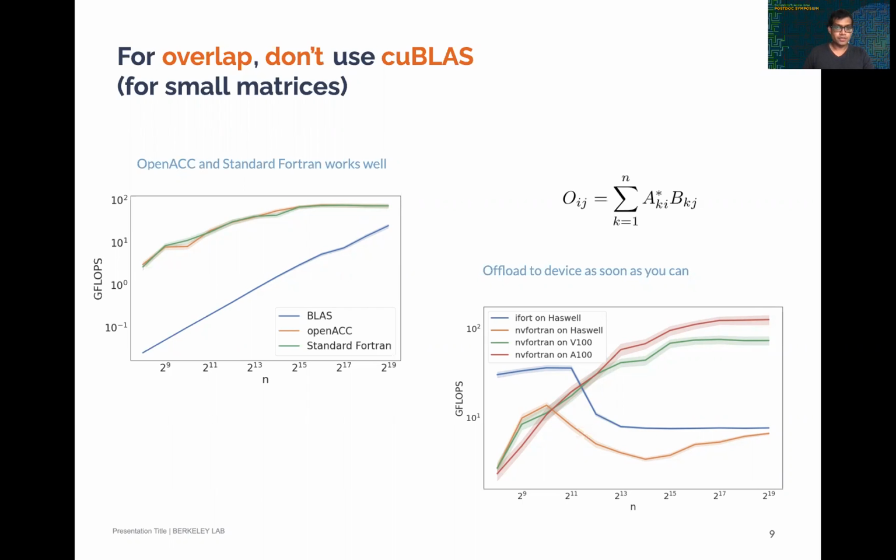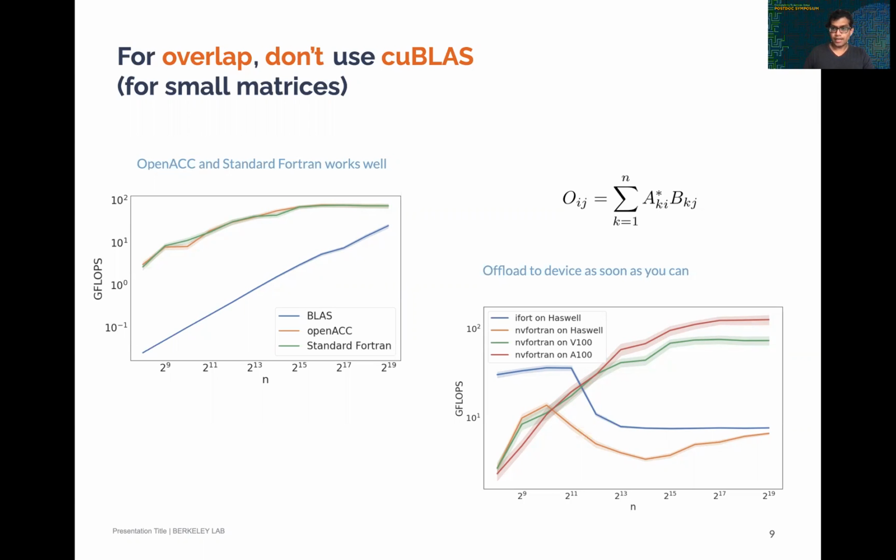So you can see straight away that OpenACC and standard Fortran work very well. They're remarkably close to each other on a V100. And BLAS, it starts getting better and better as your system size increases, but it never catches up to OpenACC.